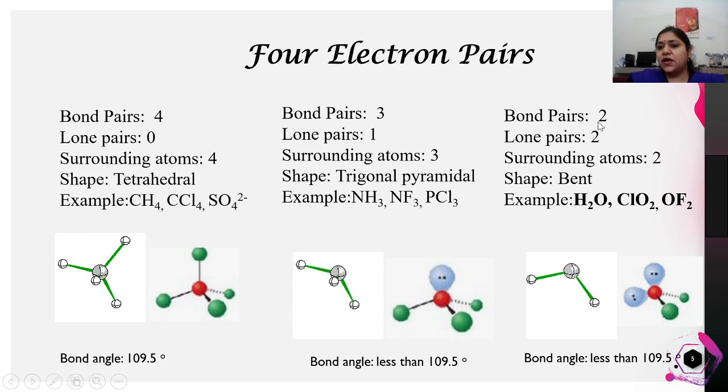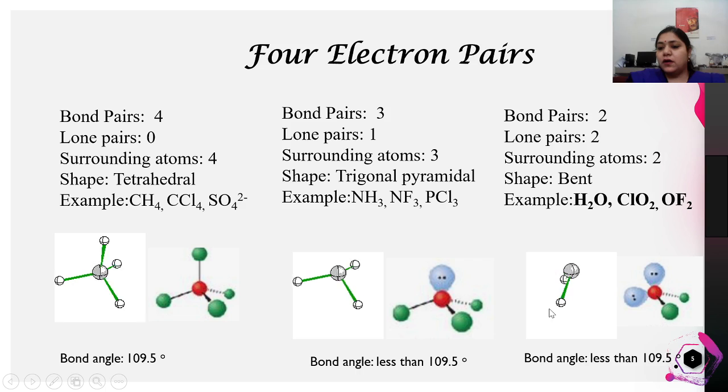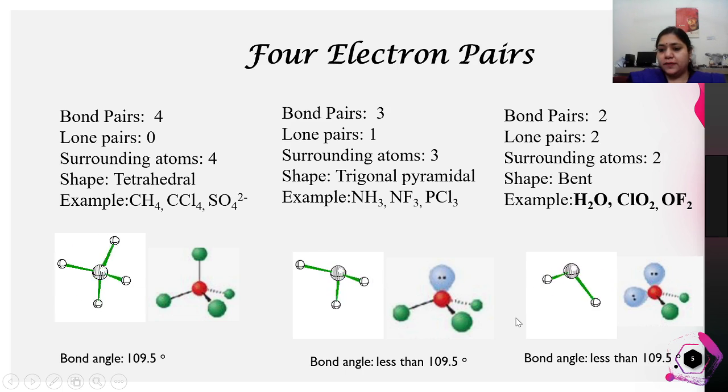Next, if there are 2 bond pairs and 2 lone pairs, in that case it will give a bent shape, and in that case the bond angle decreases from 109, and the extent of decrease is more than the previous case in which only one lone pair is present, because here as 2 lone pairs are present they will repel to a greater extent as compared to a single lone pair.